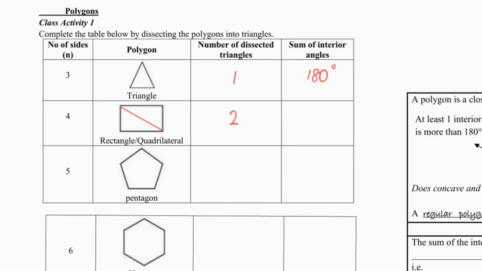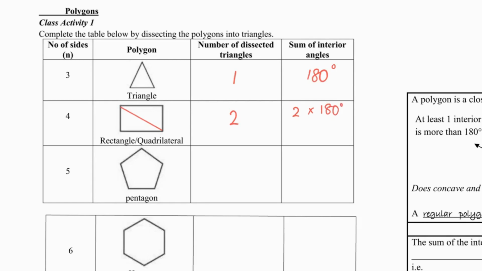I got 2 triangles. And now I want to start to think about a pattern. Number of sides is 4. So what's the sum of the interior angles? 2 triangles. The total sum will be 2 times 180.